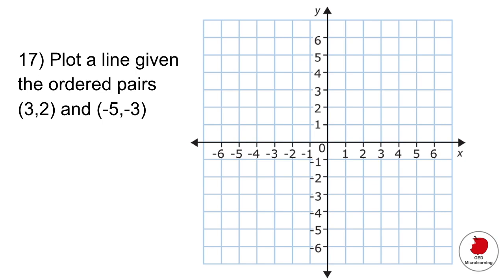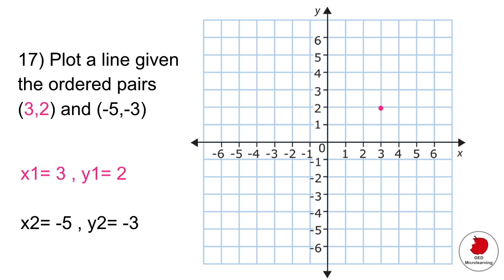Okay, so remember that the ordered pairs are basically coordinates, where the first value is the x value and the second value is the y value. So if we look at the first coordinate pair, 3, 2, it's telling you that the value is going to be 3 for x and 2 for y.